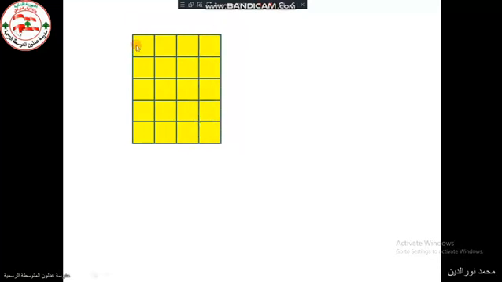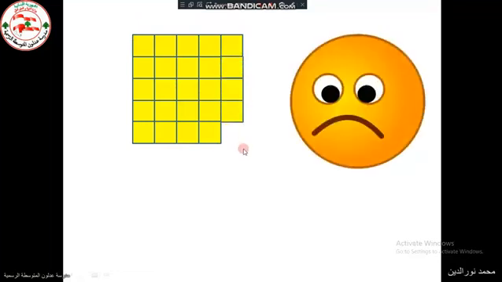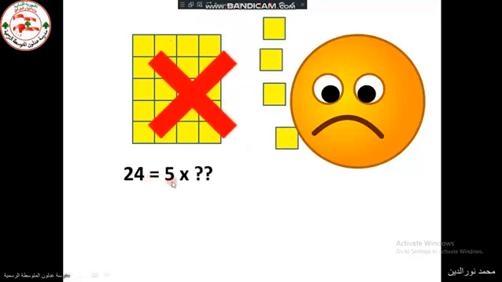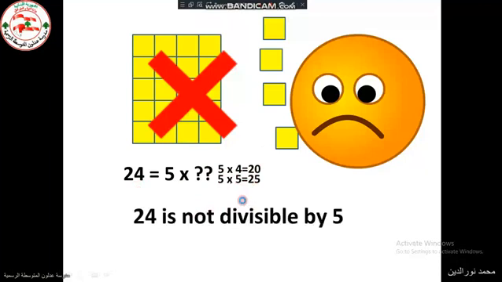Till now we have 4 times 5, 20, and there are still 4 remaining squares. So it's not finished. We cannot make a rectangle with this number of squares. So here, what's the number that's multiplied by 5 that gives 24? 5 times 4 is 20, 5 times 5 is 25. There is no number that's multiplied by 5 and gives 24, so 24 is not divisible by 5.